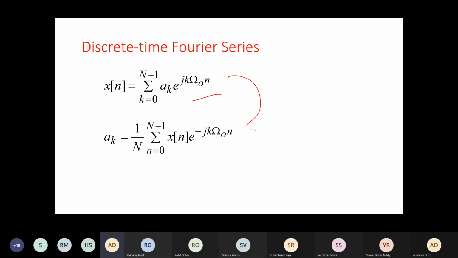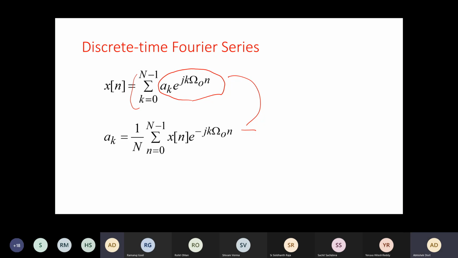See, what we are saying is, suppose you know now that AKs are periodic with period N. So you can see that this entire thing is periodic with period capital N. When we have a periodic signal which has a period capital N, you should only be considering the summation in that single period.